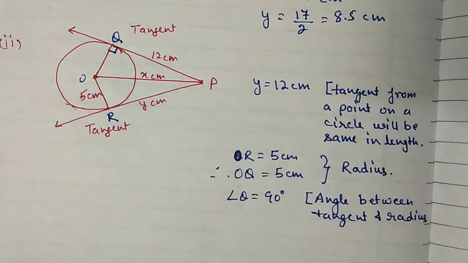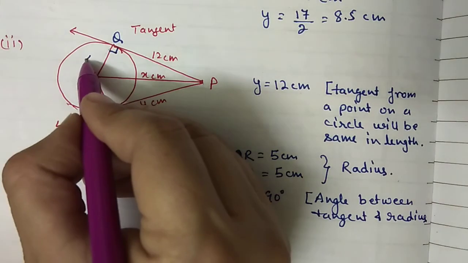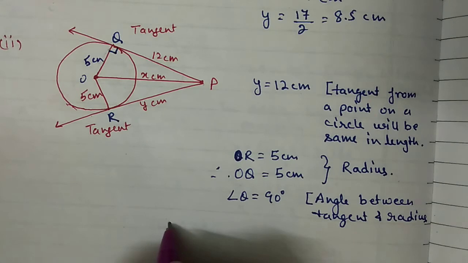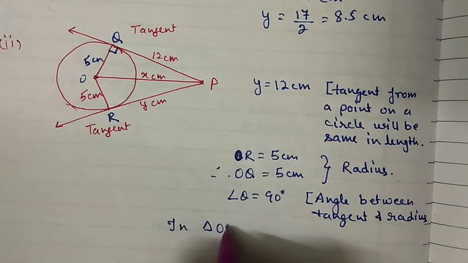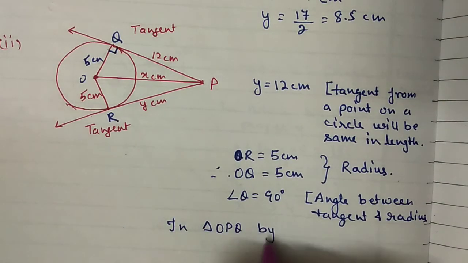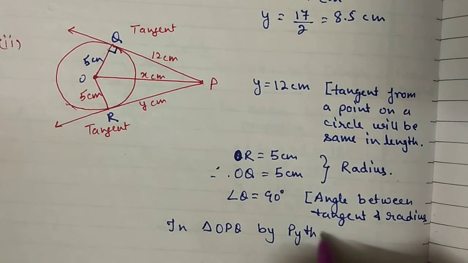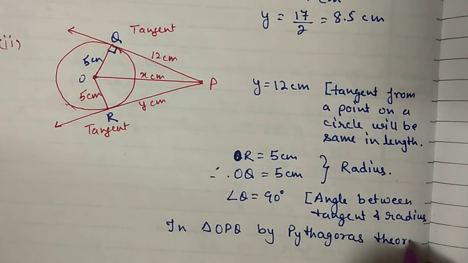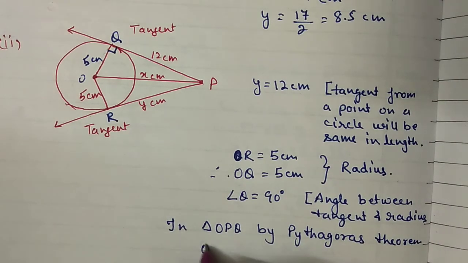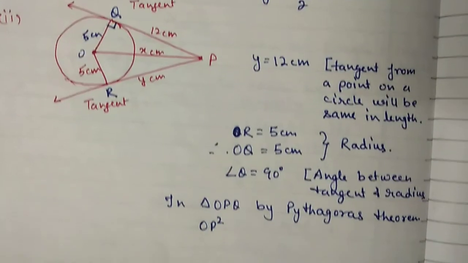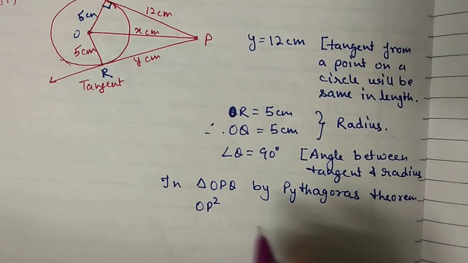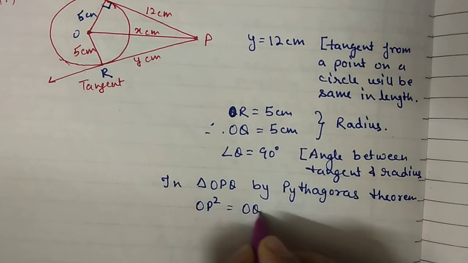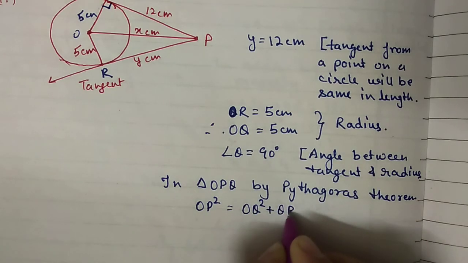Now we can use Pythagoras in this triangle. So in triangle OPQ, by Pythagoras theorem, OP square, hypotenuse, means the side opposite to 90 degree, OP square is equal to OQ square plus QP square.